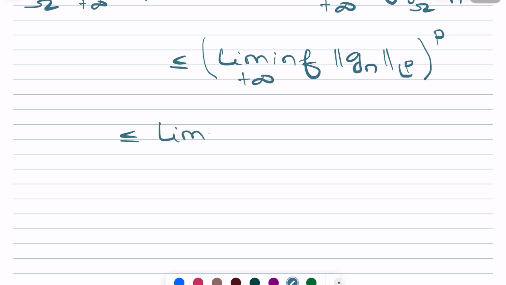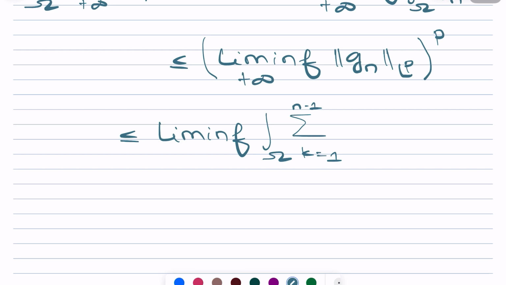the lim inf of the integral over omega of the summation over k moving from 1 to n minus 1, because remember gn was the summation. So here we can use a kind of triangle inequality to get this inequality.